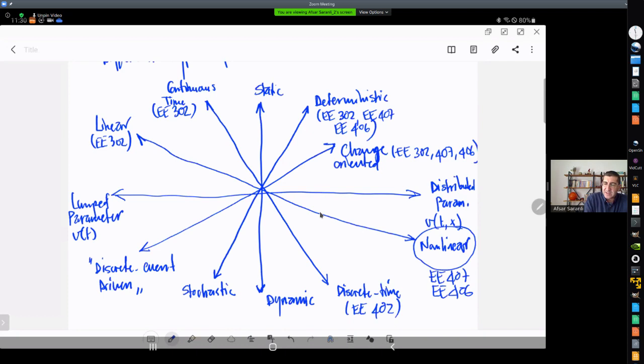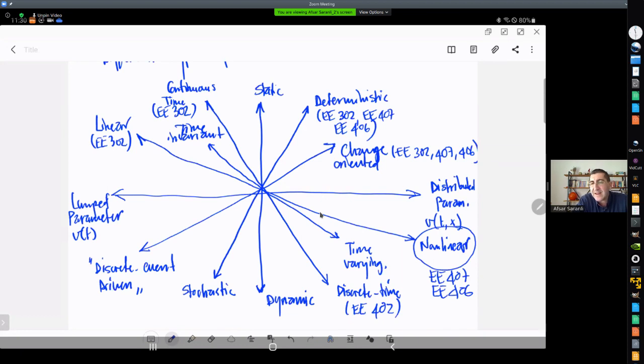One thing that I haven't included, but I will include here, is time invariant and time varying. What's the characteristic of a time varying system? It is that the system parameters themselves become a function of time. In the time invariant case, for example in the Laplace domain, system parameters are all constants.